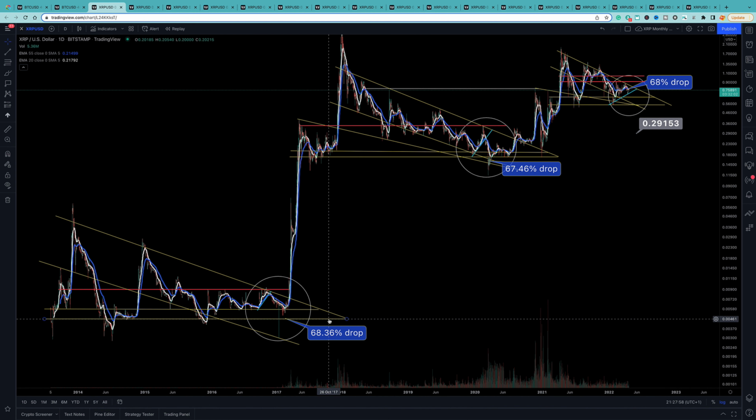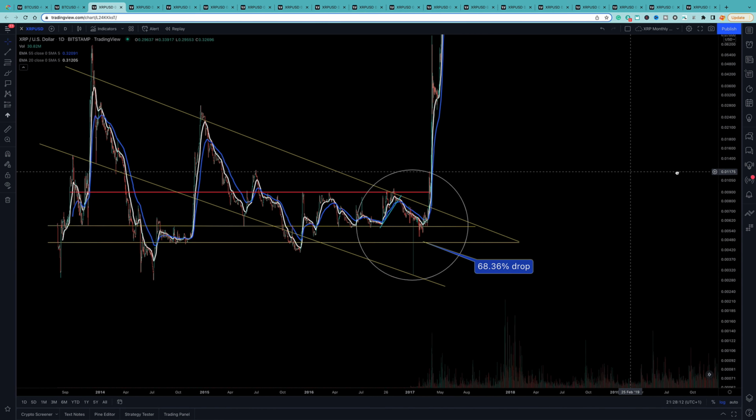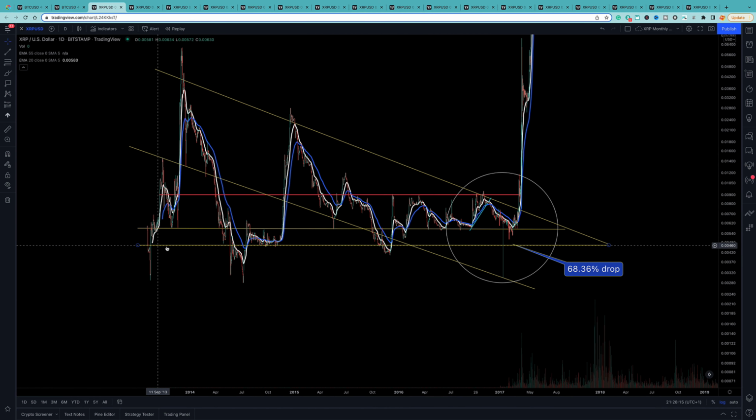You can see the support line here and the support line here. They all have two. You've got the deeper one, and then you've got this one here. Okay? So you can see all the support along here, and then you can see this one here.